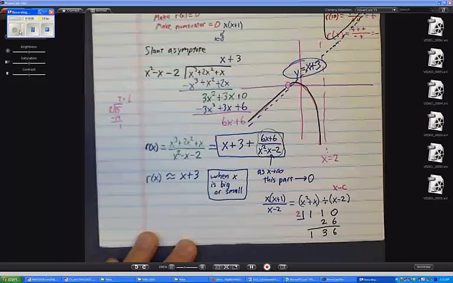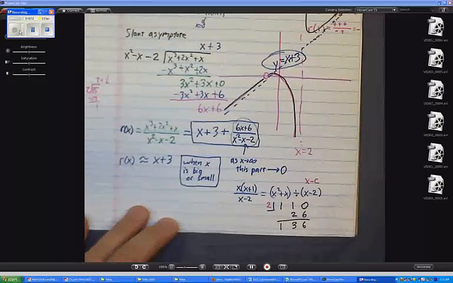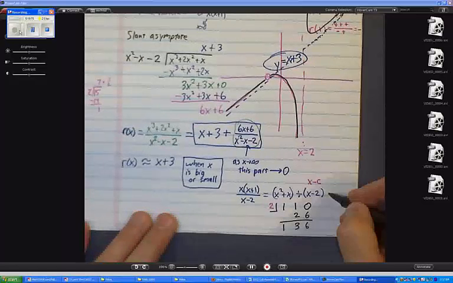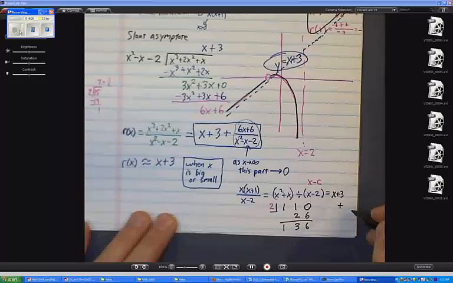So what does that mean? What the heck did I just do? Well, I divided. And I got that x squared plus x divided by x minus 2. What does it equal according to my work? x plus 3 plus a remainder. And I'm going to write my remainder as 6 over what? x minus 2.